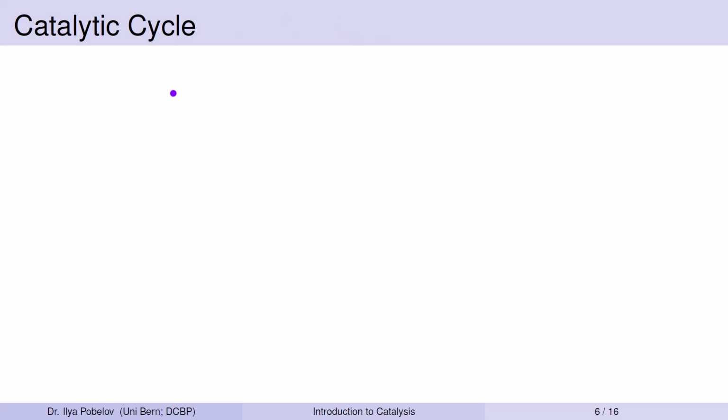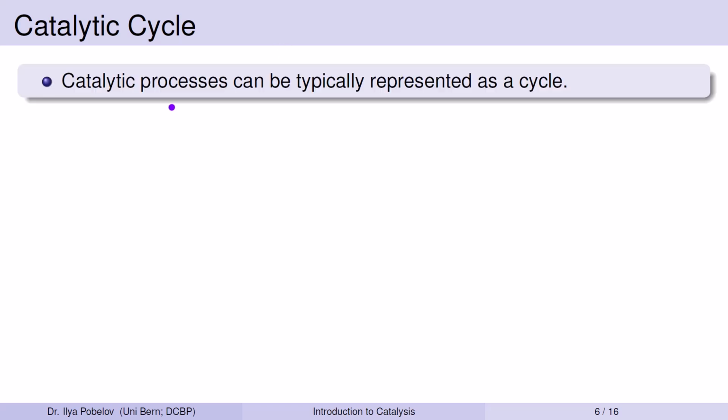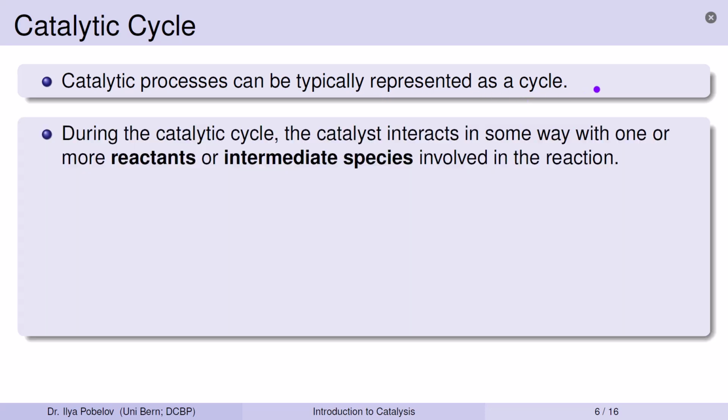A fundamental aspect of catalysis is that the catalyst remains unaltered and is not consumed during the reaction process. Catalytic processes can be typically represented as a cycle where the catalyst effectively regenerates itself during each reaction cycle. During the catalytic cycle, the catalyst interacts in some way with one or more reactants or intermediate species involved in the reaction.